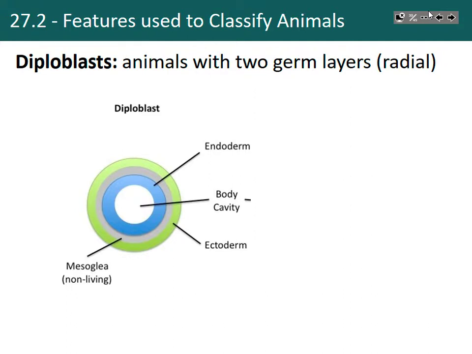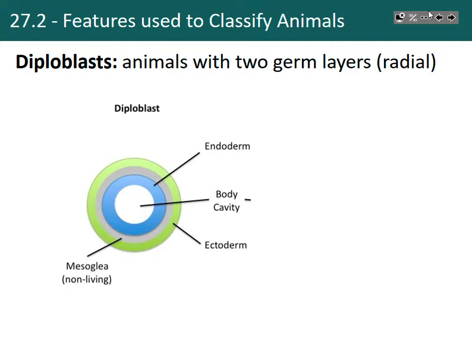And if you think of a jellyfish swimming, the bell of the jellyfish is all mesoglea. It's just like this gelatinous stuff that the body can push its muscles against. Okay, so in a radially symmetrical organism, there's this non-living ring between the endoderm and the ectoderm. So that body cavity gets filled in with non-living stuff, usually a jelly-like substance.